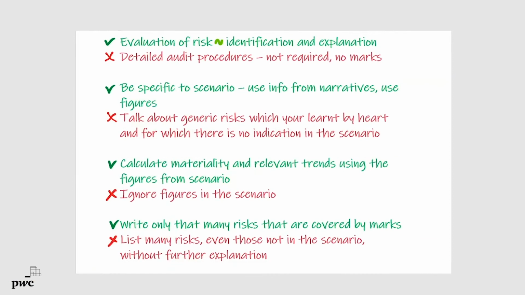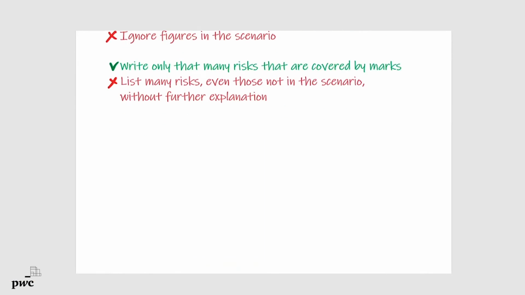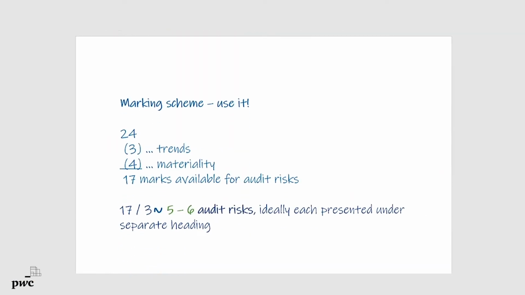If we make some simple calculation, and deduct from the total marks 3 marks available for trend calculations and 4 marks available for materiality calculations, we arrive at 17 marks available in total for audit risks.